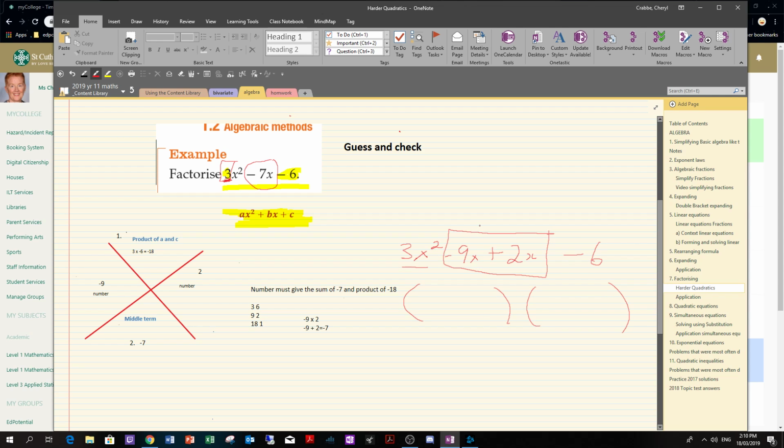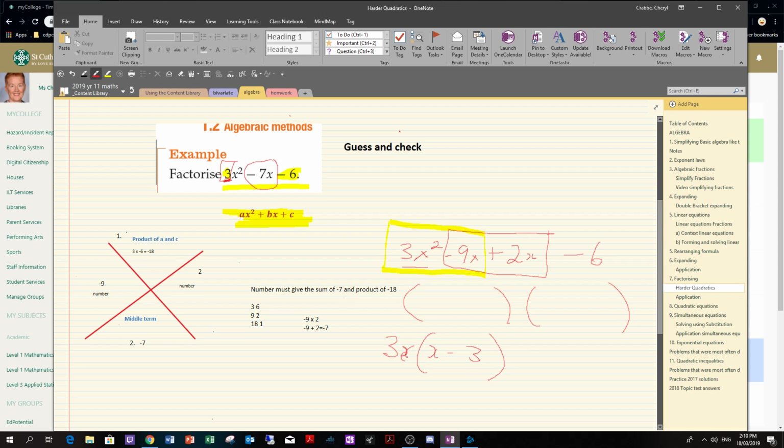We take this first pair of terms and factor it out so that we can get an expression. If we take out a 3x, we're left with x minus 3.